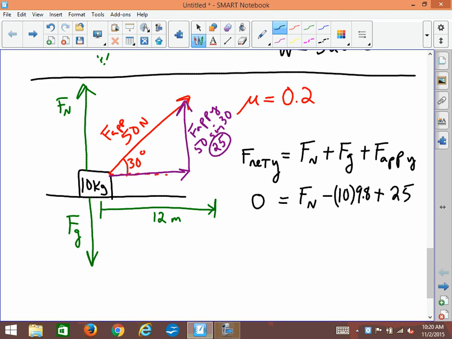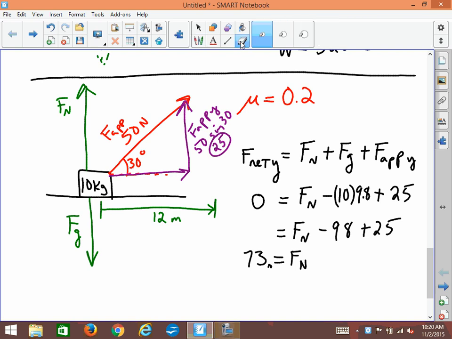And so what we get here is Fn minus 98 plus 25, and when you move it to the other side, what do we get there? 73 newtons is the Fn. 73 newtons.